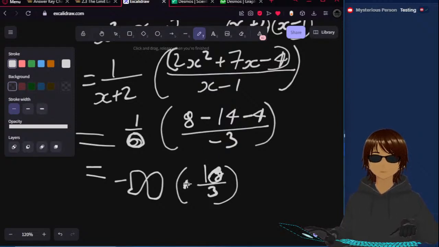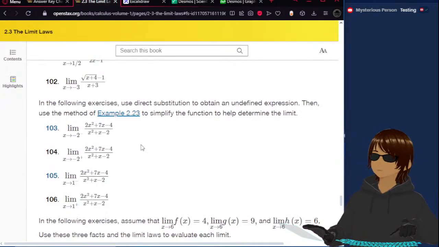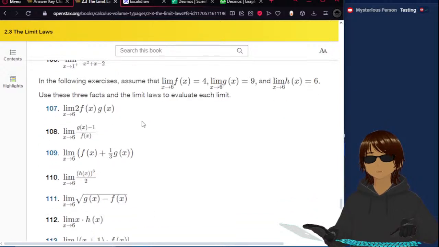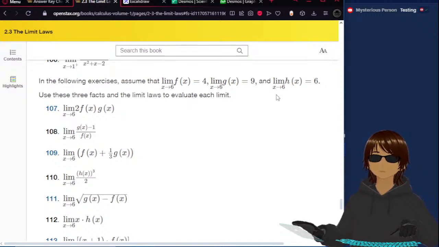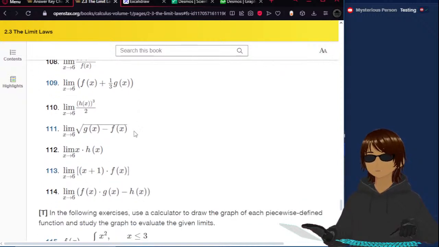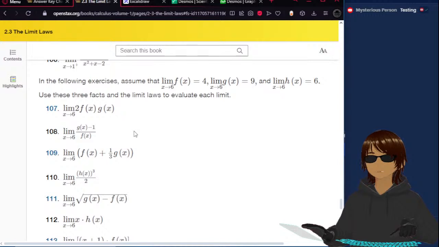This is plus. This is negative infinity. Okay. Assume that, okay, I don't want to do this. Let's just do this one.